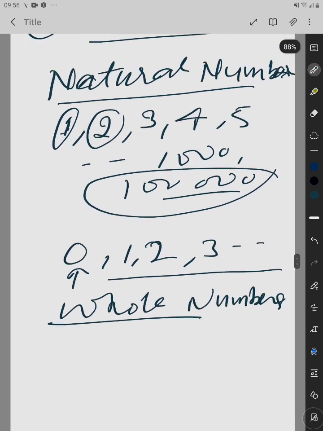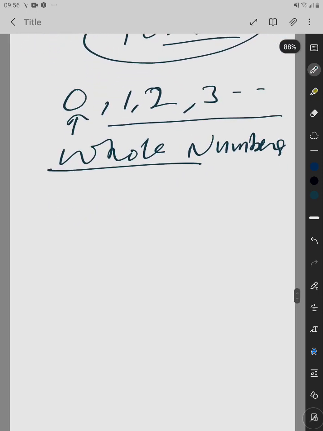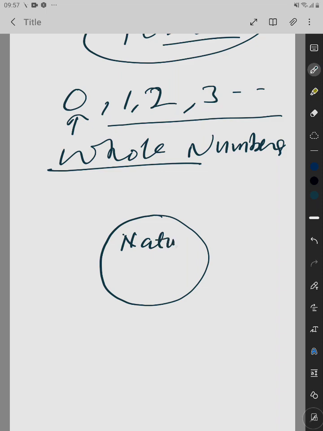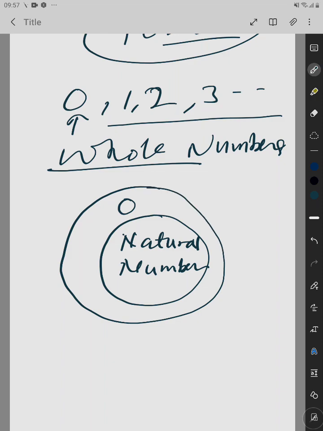Now we can understand this like this. For example, there is a circle, and inside this circle all natural numbers are there. Then if we have 0 here and we circle it all, this is the whole numbers.